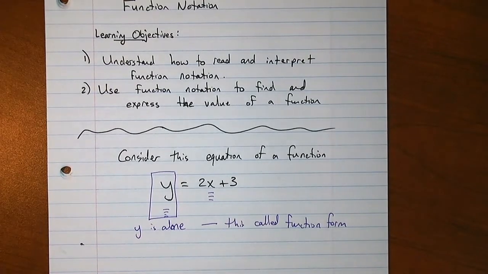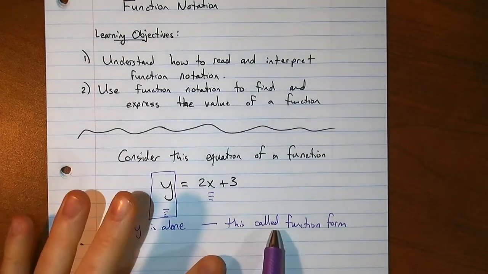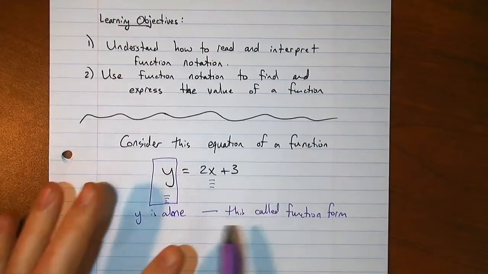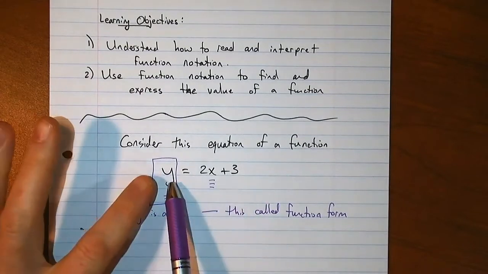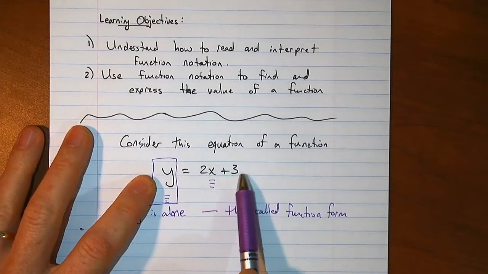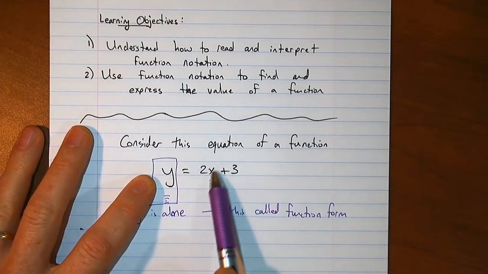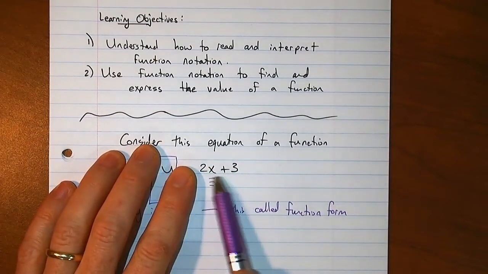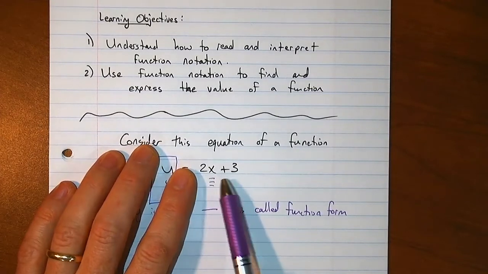So if you think back to the different kinds of equations that we studied, in the equations and the expressions and things that we studied, we talked about standard form for different kinds of equations. Well, function form is sort of like that. What makes something function form is that the y is all by itself on one side, and then everything else is in standard form on the other side. So remember, this is like standard form for a polynomial, right?